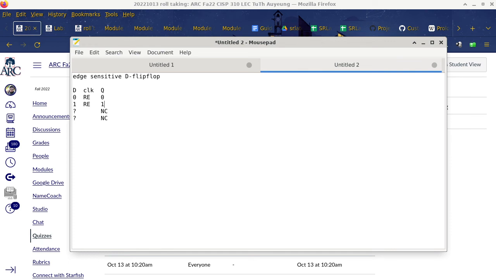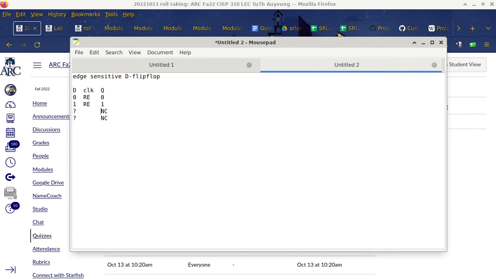The 1 is the same thing. If the input is a 1 and the clock has a rising edge, which means it is transitioning from 0 to 1, right at the moment of the transition to 1, the output pin would also update to a 1.